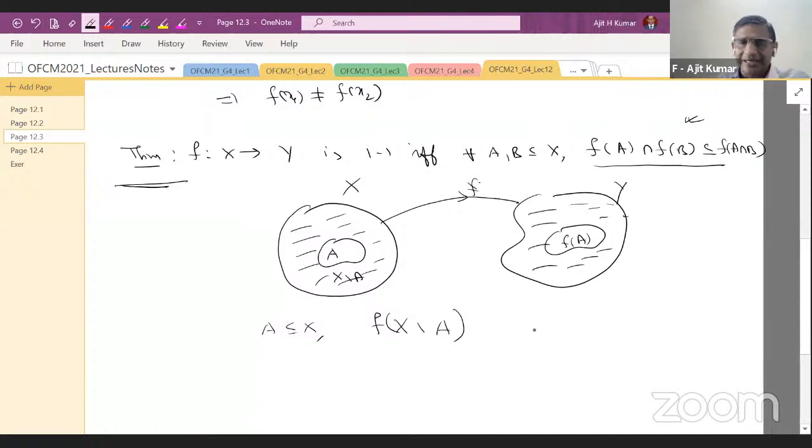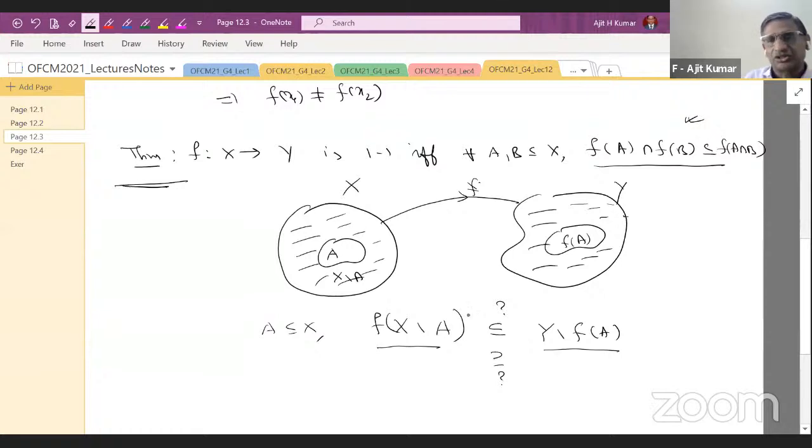This, what we have marked, is nothing but Y minus f of A. So this is a subset of Y, and this is also a subset of Y. Again, we would like to check whether one is a subset of the other. That's what we would like to explore next.